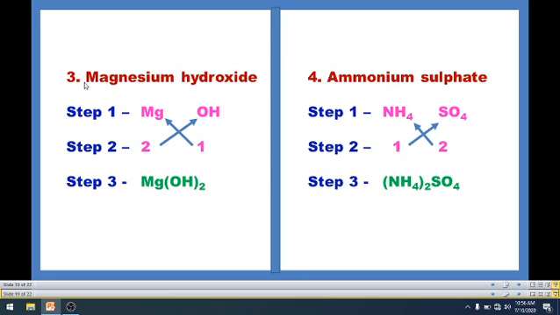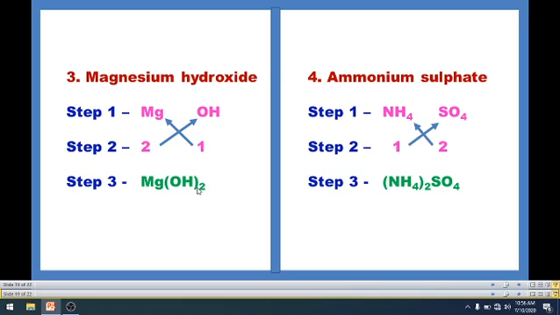The next example, magnesium hydroxide. Symbol of magnesium Mg, hydroxide ion OH. Next step, we want to write the valency. Magnesium 2, hydroxide ion 1. So in the next step, we want to interchange the valency. So magnesium should be written 1 times and hydroxide ion should be written 2 times. And we need to use a bracket when writing a polyatomic ion if it is more than once.